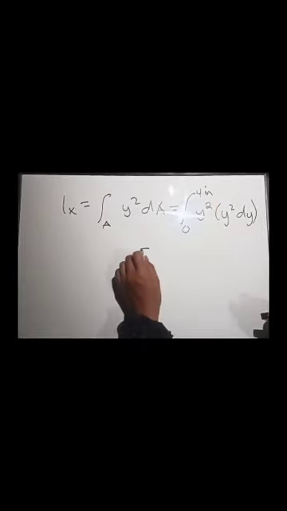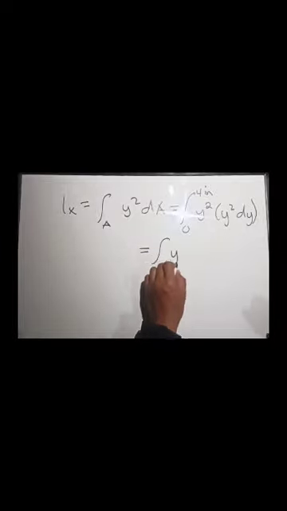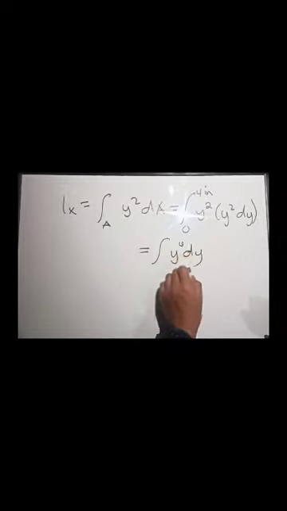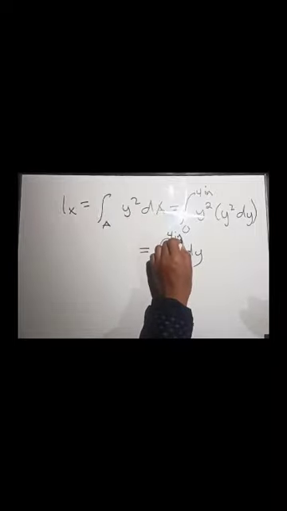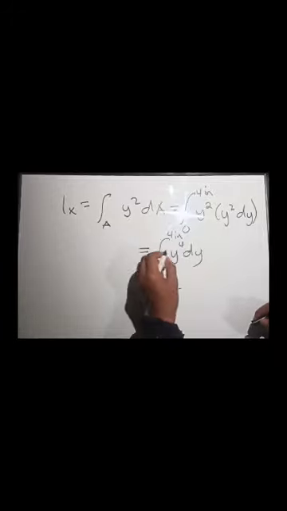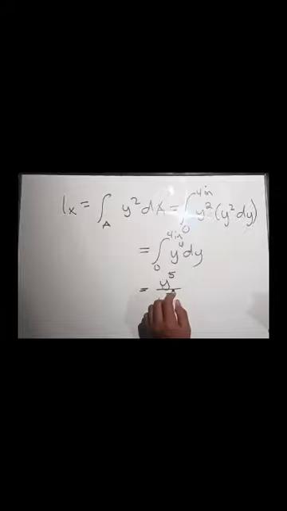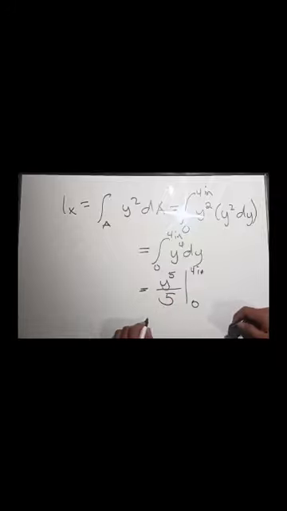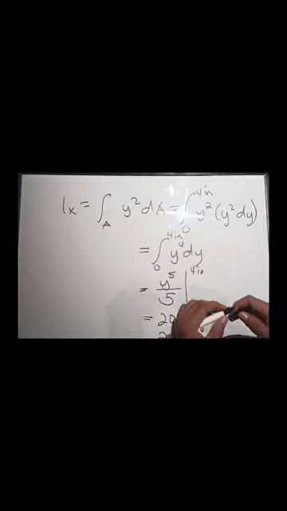So it's equal to integral of y to the 4th dy 0 to 4 inches. So y to the 5th over 5 from 0 to 4 inches is equal to 204.8 inches to the 4th power, or 205 inches to the 4th power. So this is the answer.